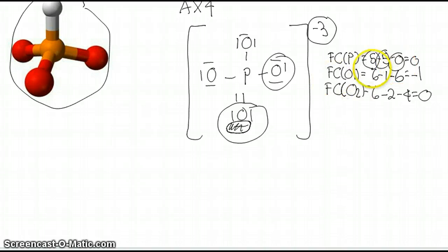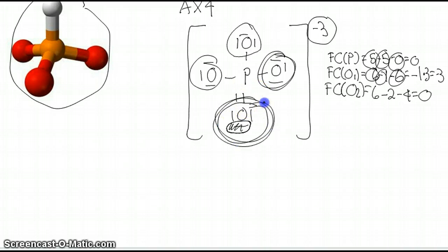Then, we have 6 valence electrons brought in from each oxygen, 1 bond for each, and 6 non-bonding electrons for each oxygen, which equals negative 1 formal charge. Then remember to multiply by 3, which would equal negative 3, because we have 3 of these, 1, 2, and 3. Then lastly, we need to do the formal charge for the bottom oxygen, which is this one.